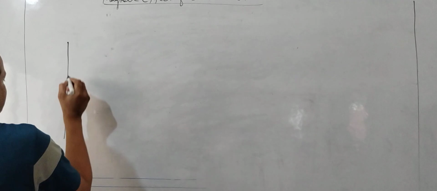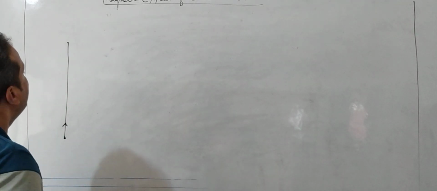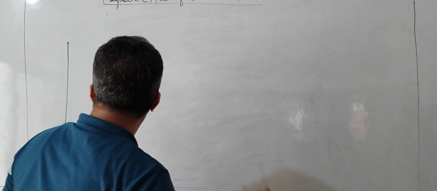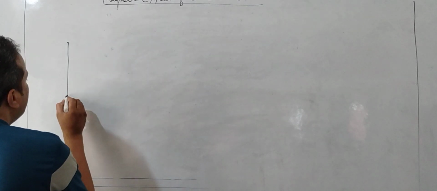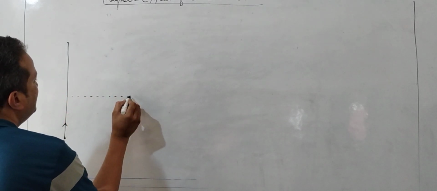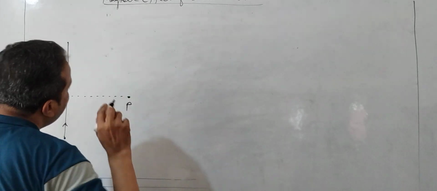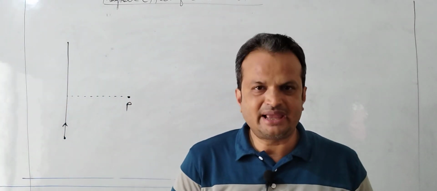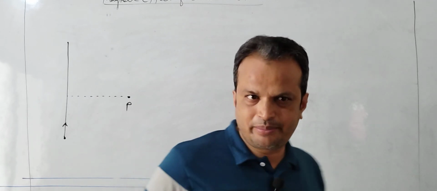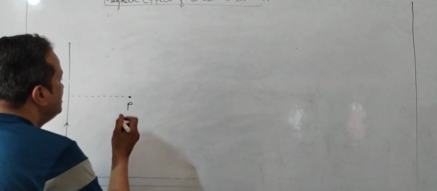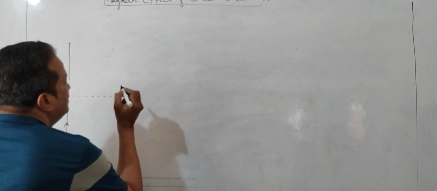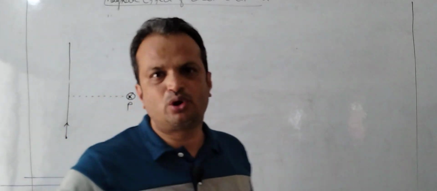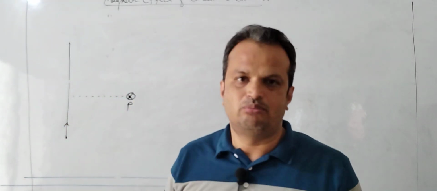So इसमें से करंट जा रहा है I. Okay, अगर इसमें से करंट I जा रहा है तो मुझे यहाँ पर ये वाला एक पॉइंट है, this is a point P. What I have to find out is the magnetic field at this point P. So सबसे पहले हम क्या करते हैं, सबसे पहले डायरेक्शन निकाल लेते हैं जो हमको पता है ऑलरेडी. So this is by the right hand thumb rule. So the direction is into the plane of the paper. For you it is into the plane of the paper, for me it is into the plane of this board.